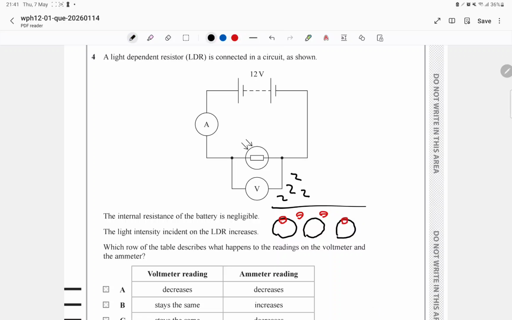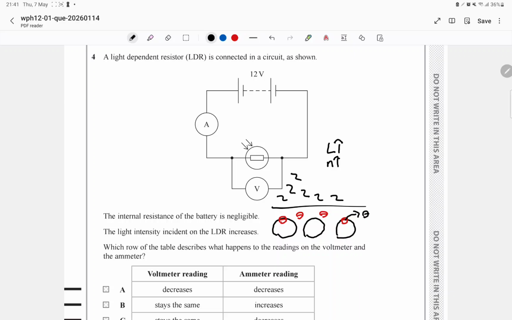And what happens is when the photons are incident, these fixed electrons will absorb the energy from the photon, and then it would delocalize. So now the electron is free. So when the light intensity increases, there will be more photons. The number of conduction electrons will also increase, or the charge carrier density will increase.